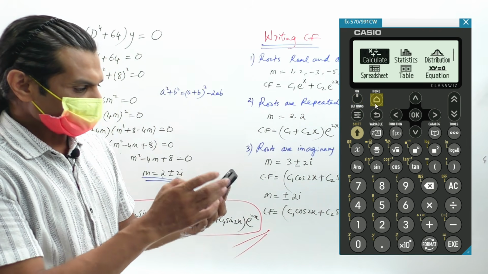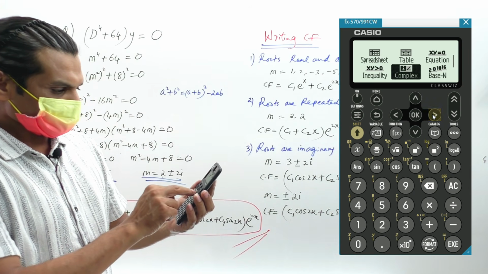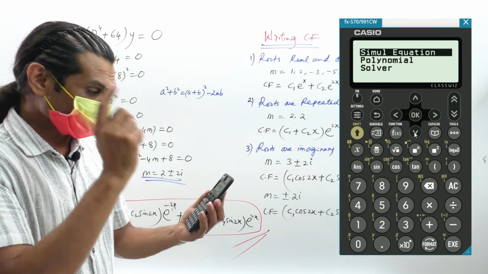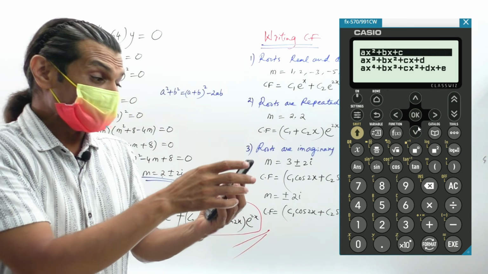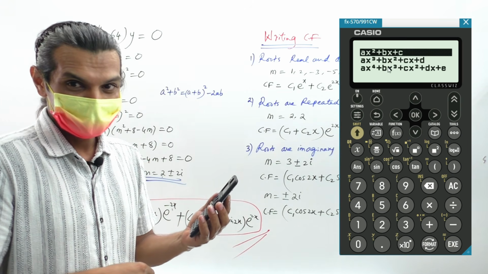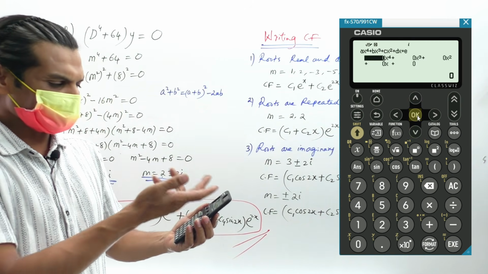Again we go to home, equation, then polynomial. First is ax square plus bx plus c, second is ax cube plus bx square plus cx plus d, and last is ax to the 4 plus bx cube plus cx square plus dx plus e. You won't need it for any further calculations, but here I am showing you.